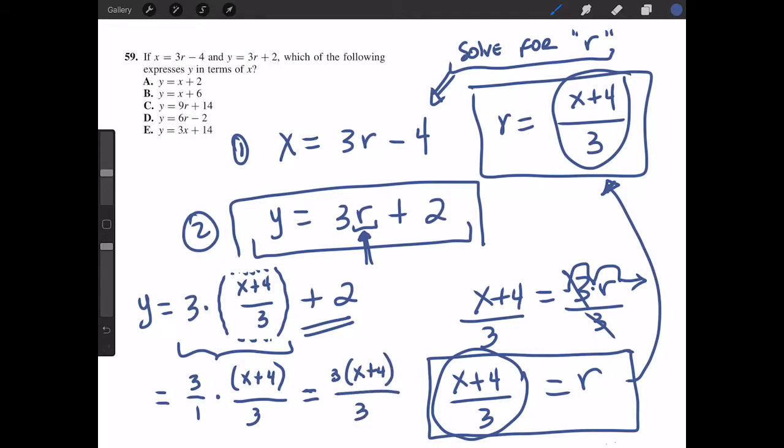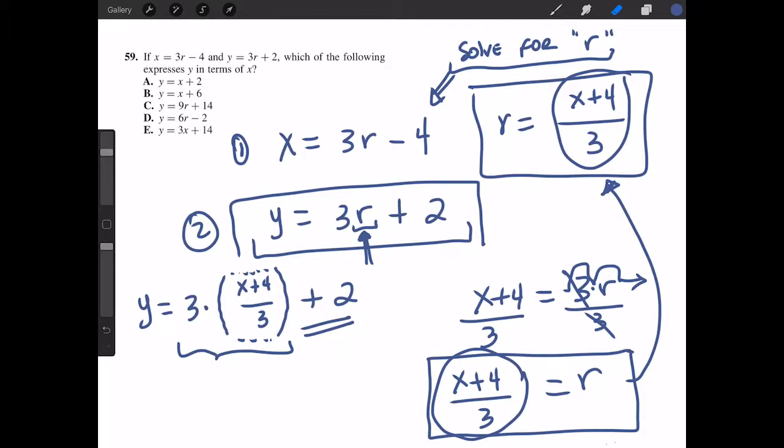If we combine that 3 times the parentheses x plus 4, and then 1 times 3 is 3, you can see again a continuous multiplication link on the numerator, even though there's something adding inside the parentheses. From the point of view of the denominator, that's just a black box. It doesn't care what's there. It just sees a 3 times something. So these 3's can divide each other and become 1. 3 divided by 3 is 1.